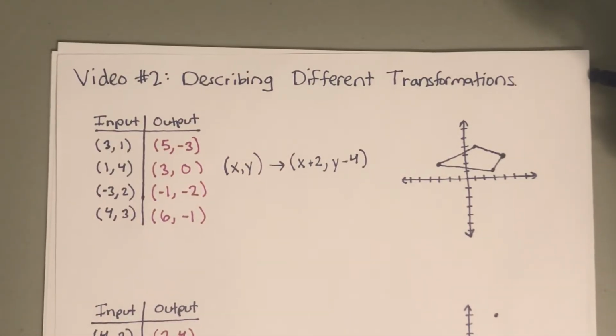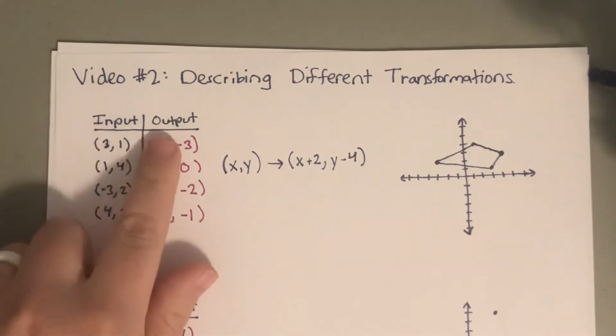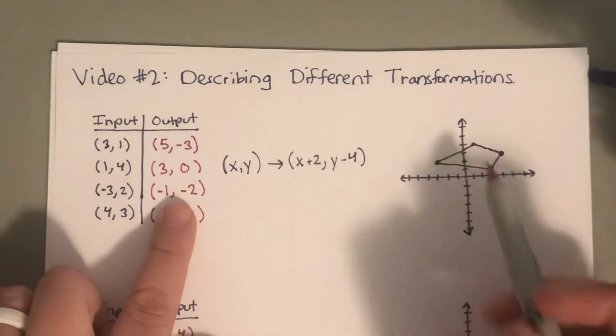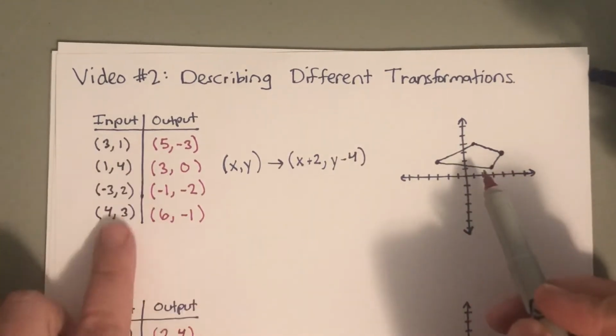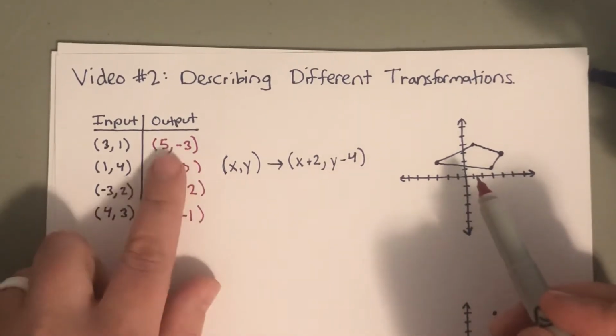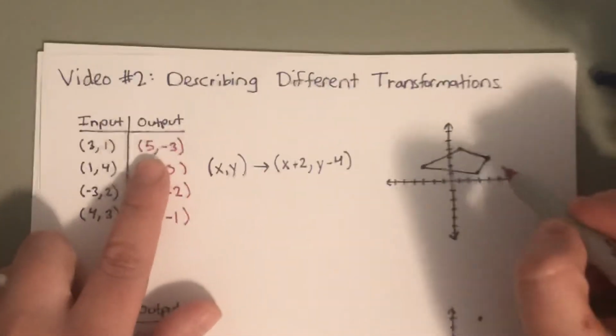Now notice that if you were to plot each of these points over here, you're going to see a transformation that moves this original shape that's made of these 2 to the right and 4 down. So this first point is 5, -3.